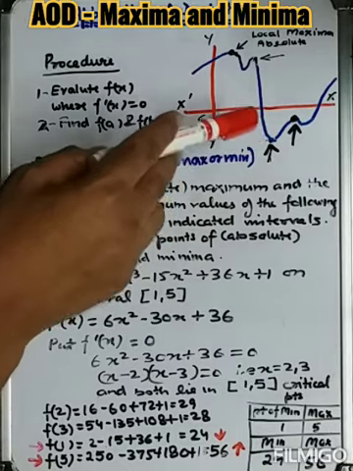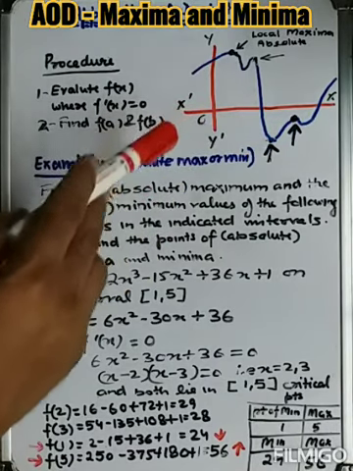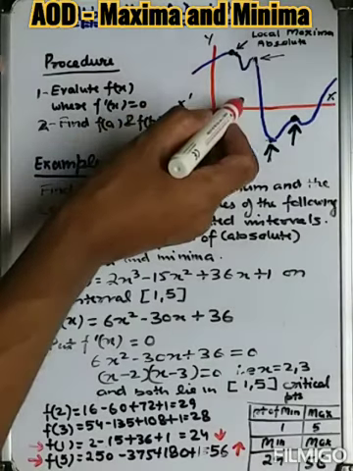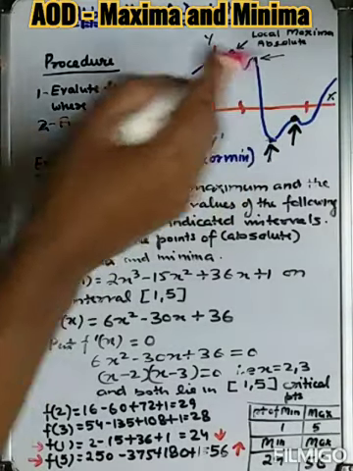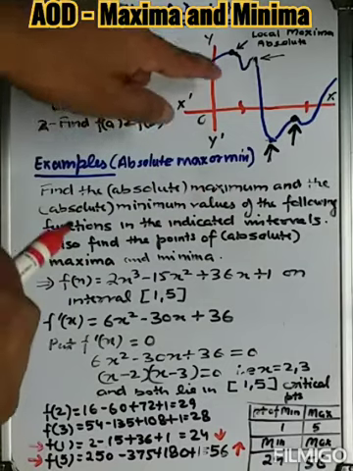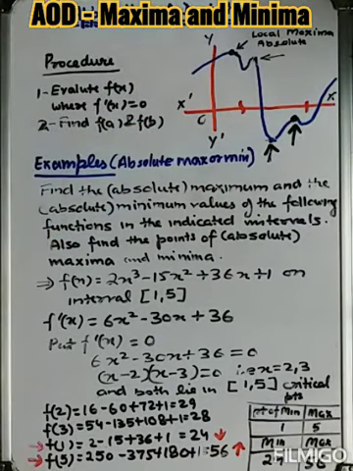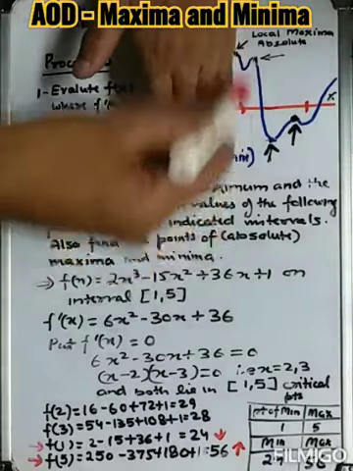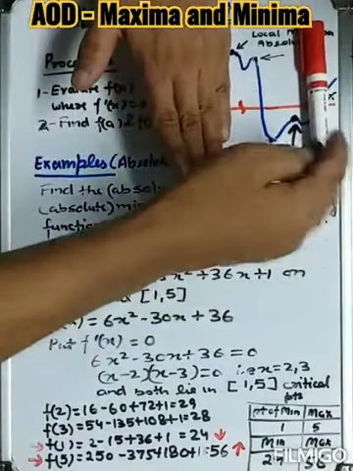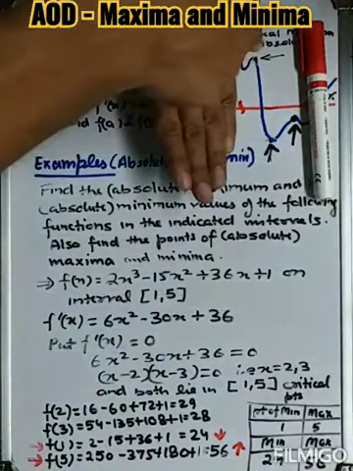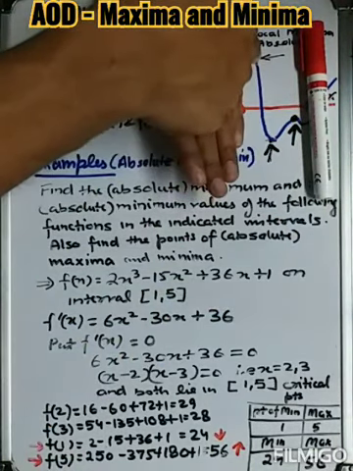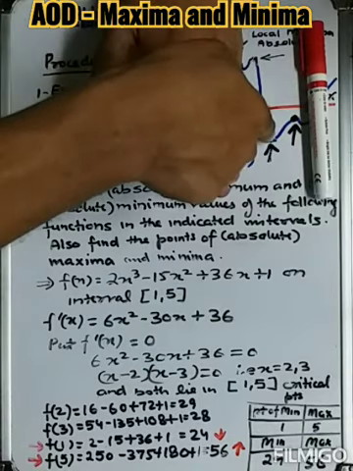Now what are local maxima and local minima? Suppose I am saying that if we see the curve from this position to this position only, we can see that this is the highest value and this is the lowest value. So this is called local maxima and this is called local minima.